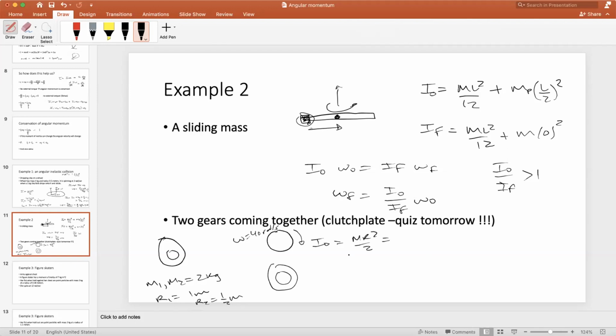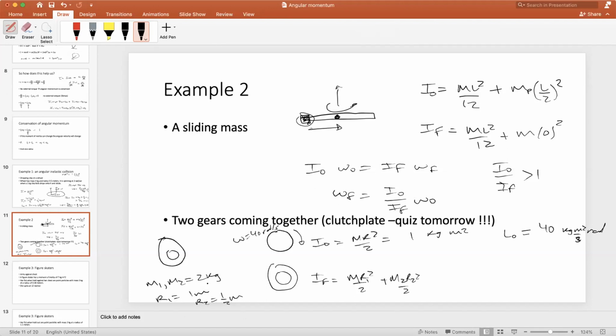So I initial would be m1, 2 kilograms over 2 is 1, times 1 meter squared. So initially this thing has a moment of inertia of 1 kilogram meter squared. It has an angular momentum of I initial times omega, 40 kilogram meters squared per second. Now, once we stick them together, our I final is both of them: m1 r1 squared over 2, plus m2 r2 squared over 2.